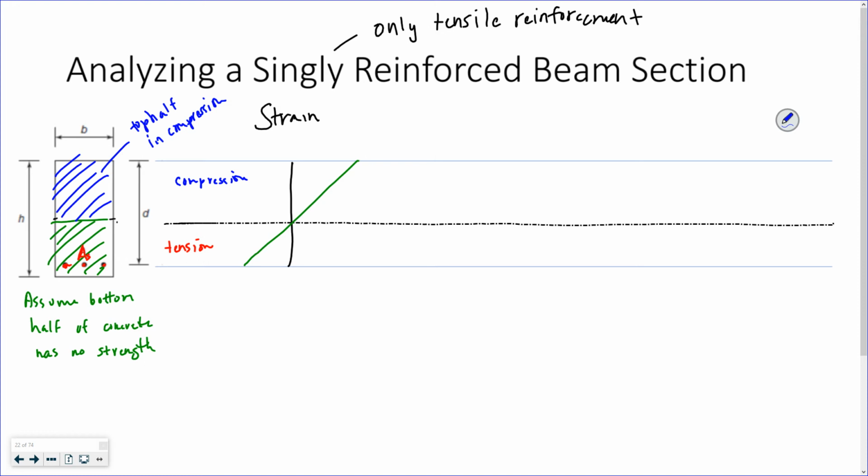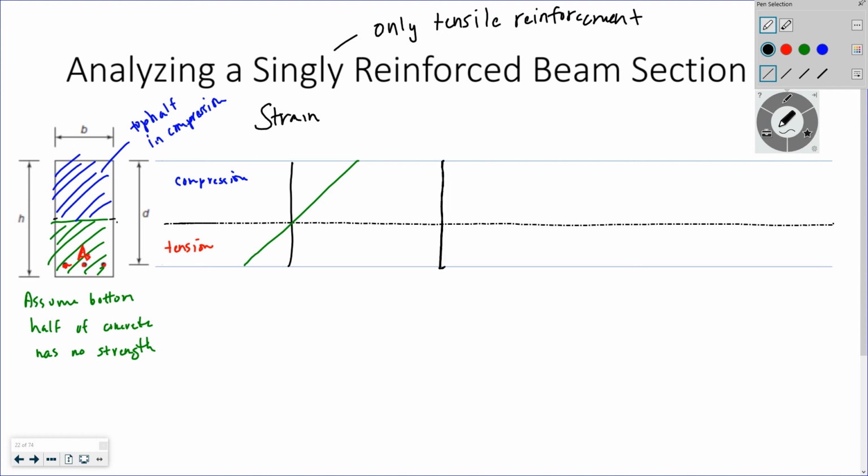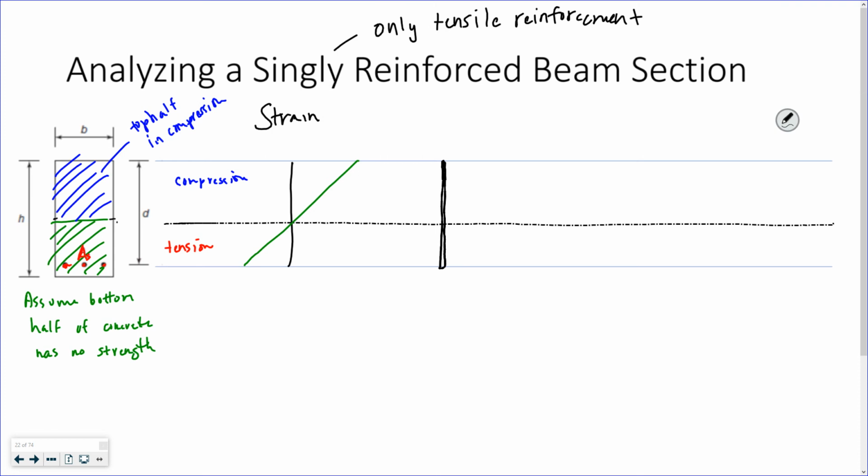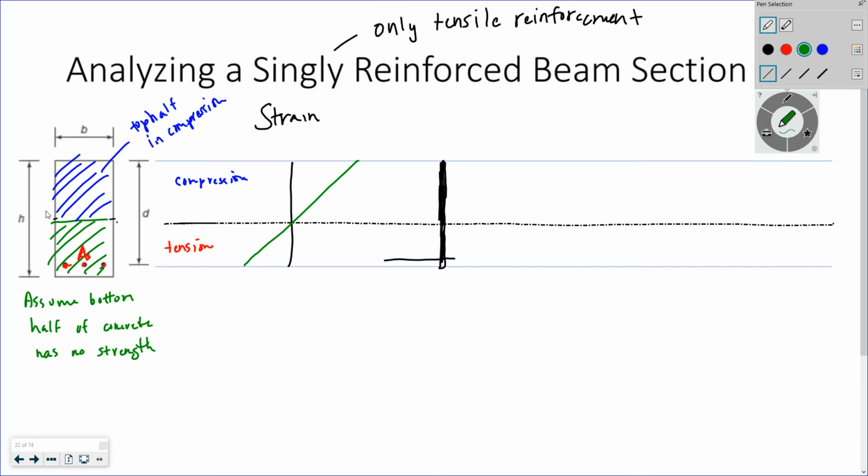So just making sure for visualization purposes, if this is the cross section, the steel, we're looking at it in like elevation view. This is the steel, and then this is the concrete. I don't know if that helped at all.